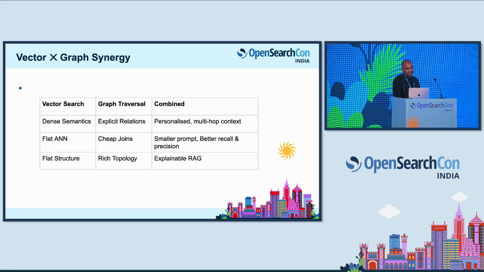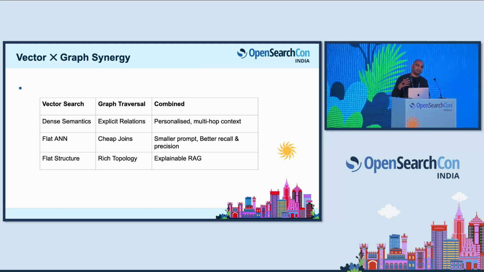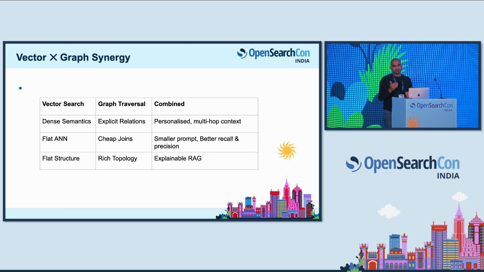With the vector search, you may be using a flat ANN architecture, while with a graph, it is very cheap joins, because the graph has a better idea of where the relationships exist. And one of the prompting layers is that you have to share the schema of your graph relationship so that the large language model knows which data exists in which format, so that it can create a query based on the user request.